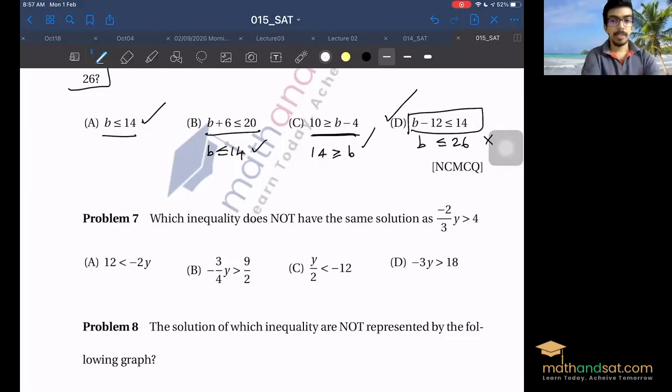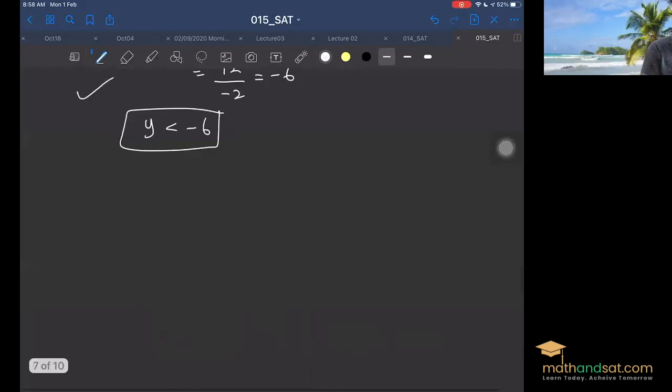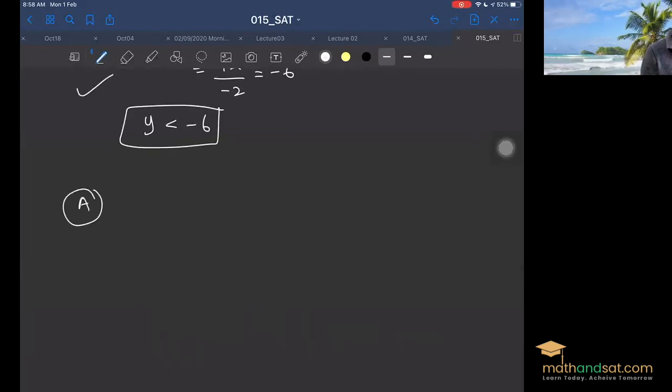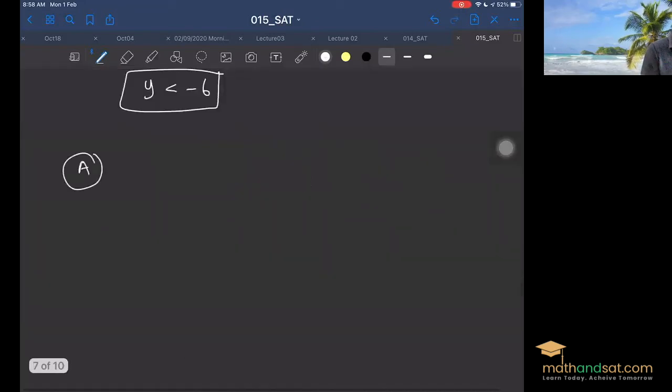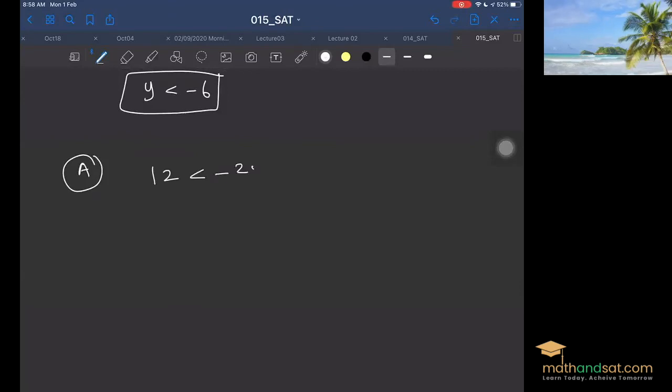Yeah, I'm back. What does option A represent? Option A: 12 is less than minus 2y. You just divide by minus 2 on both sides, but you should be careful because the inequality will reverse.